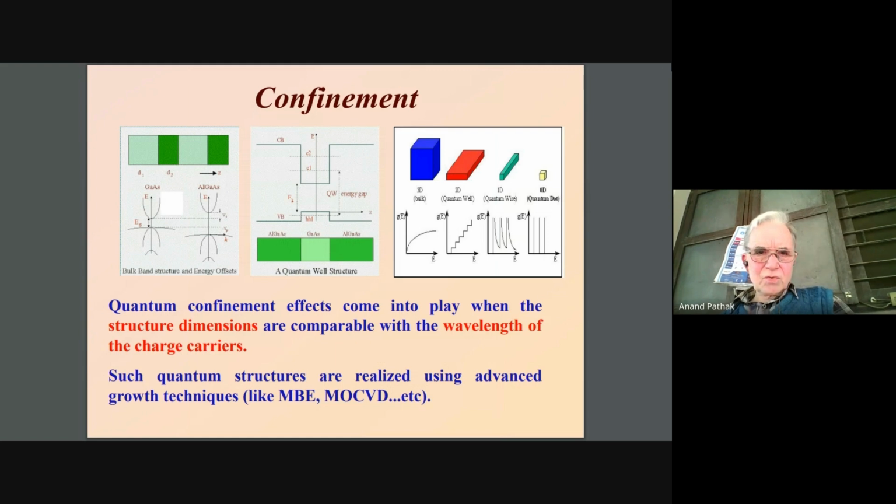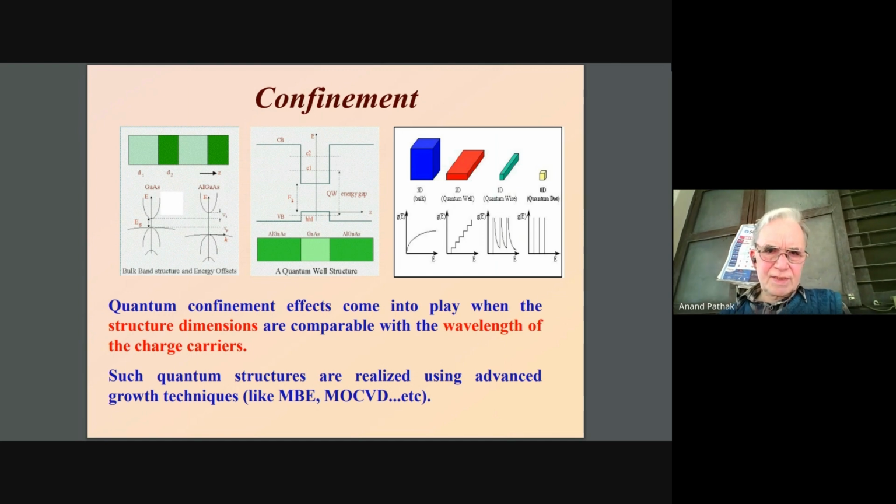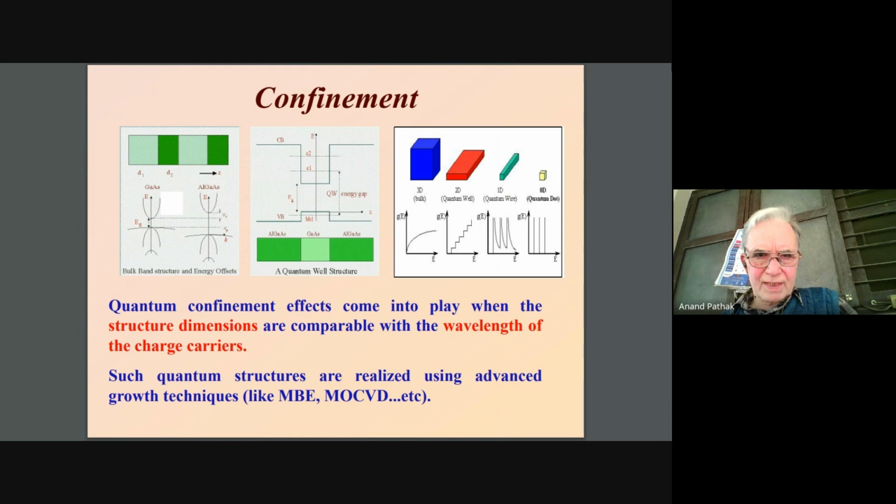So quantum confinement, for example: you have gallium arsenide and indium gallium arsenide or aluminum gallium arsenide. This is the middle one, and on the other side there is gallium arsenide and indium gallium. So there is an energy band gap, and the electron here will not be able to go because the energy band gap has changed.